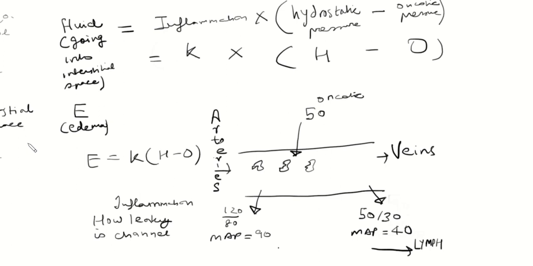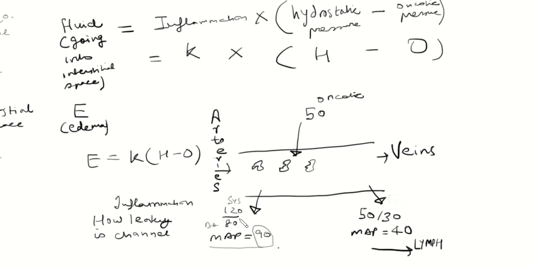So if you're on the arterial side of this blood vessel, which is this side, you're going to have a higher blood pressure. So let's say that higher pressure is 90. How did we come up with 90? Again, it's an arbitrary number I'm giving just for an example. Usually blood pressure has a top number and a bottom number. Top number is systolic, bottom number is diastolic.